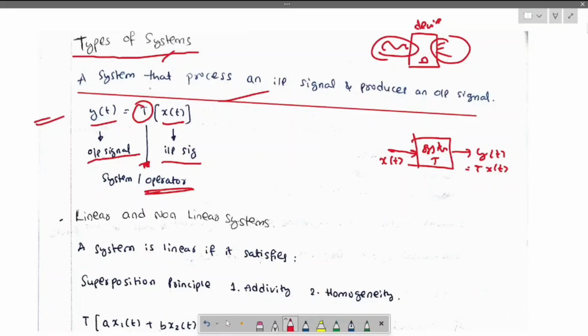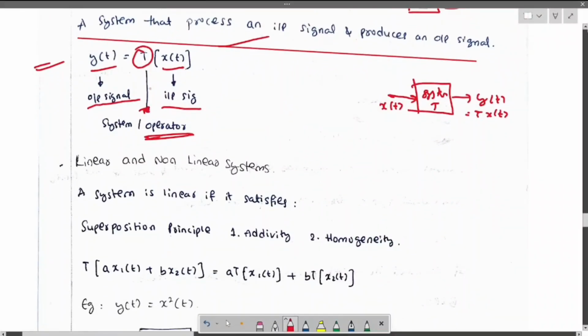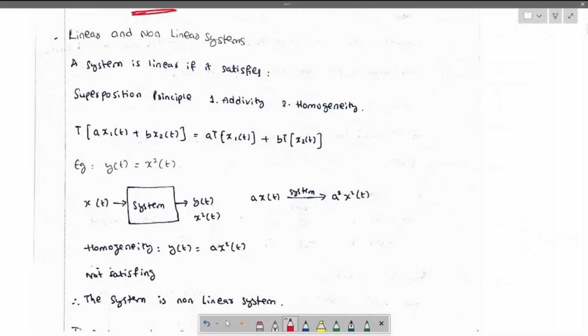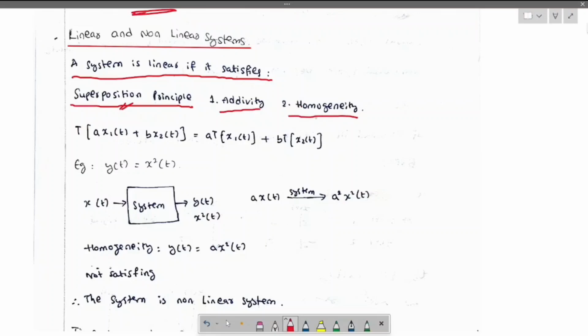Now let us see the types of systems. The first type is linear and non-linear systems. A system is linear if it satisfies the superposition principle. The superposition principle is based on additivity and homogeneity. When these two are satisfied, it is the superposition principle.